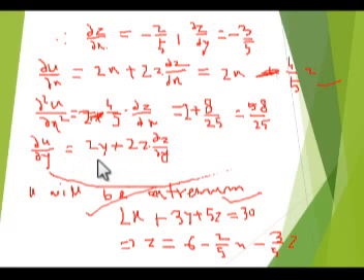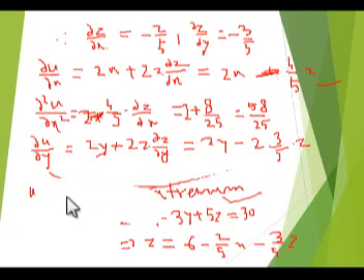So we will not take the value of y, and y is a variable. So this will be 2y, and there will be plus minus minus 2 into 3 by 5z.